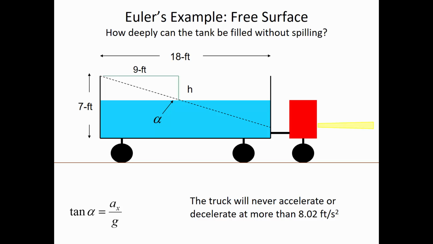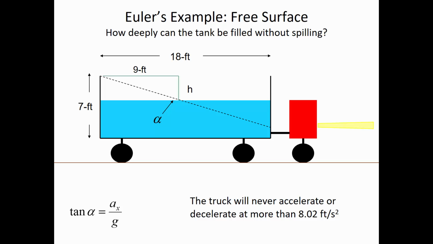Okay, so we know that we've got some triangle where, boy, that's not a very good triangle. Let me do better. Okay, we've got height h, 9 feet here, and there's going to be an angle that arises because of the acceleration.